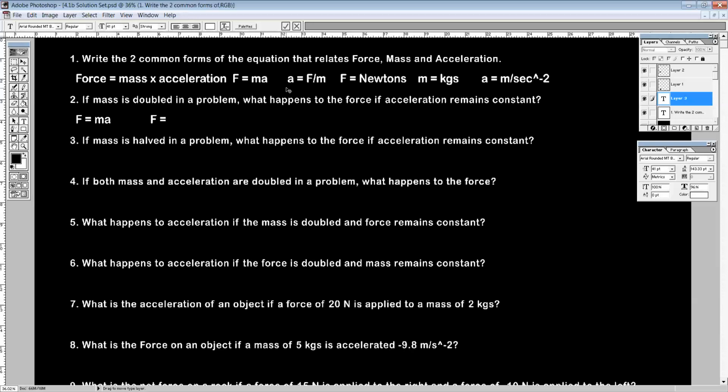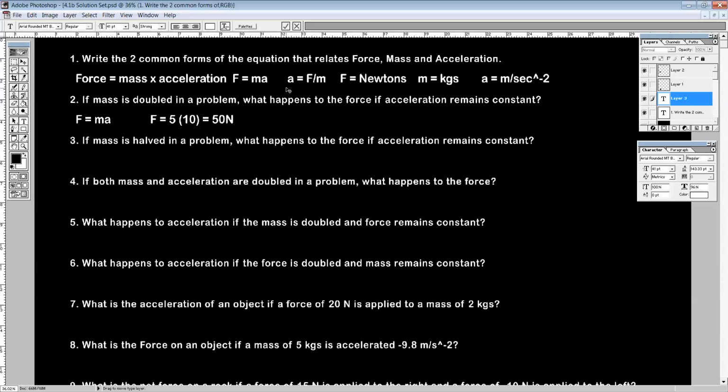Force is equal to, let's say, 5 kilograms. And for speed, I'm going to just drop the units. So our mass is 5 kilograms and our acceleration would be 10 meters per second squared. And that would give us a final force of 50 newtons.